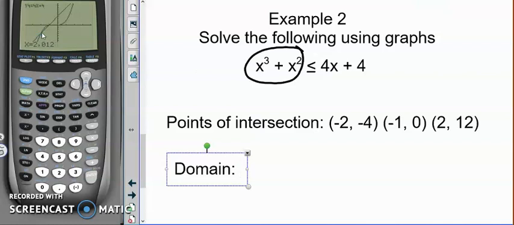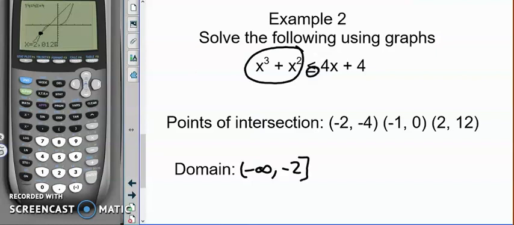So again, this point right here, -2, -4. We see, okay, that the linear function is above the cubic function. So we say from -infinity to -2, the linear function is above the cubic function. Also, we're talking about the equal to portion of it. So we use a bracket here because it equals at -2.